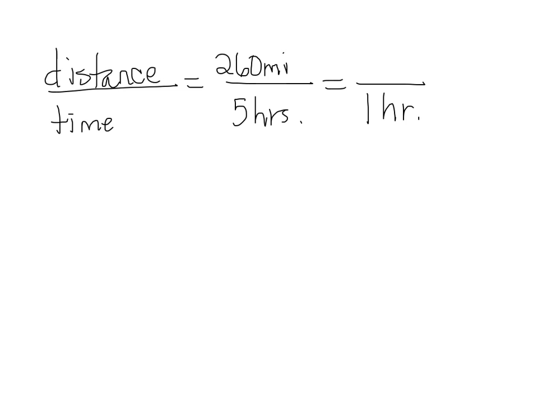So I'm going to go 1 times 260 divided by 5. Do you guys know what it is? Get a calculator out. 52 miles. So then to answer the question, you would say the bus was traveling at an average speed of 52 miles an hour. It is kind of slow. But you have to remember, you're on a bus. It's bigger. It's heavier.